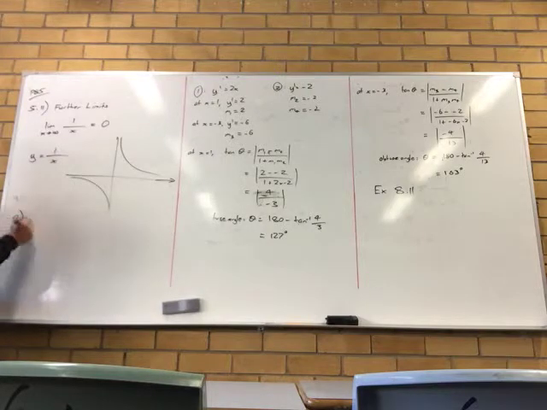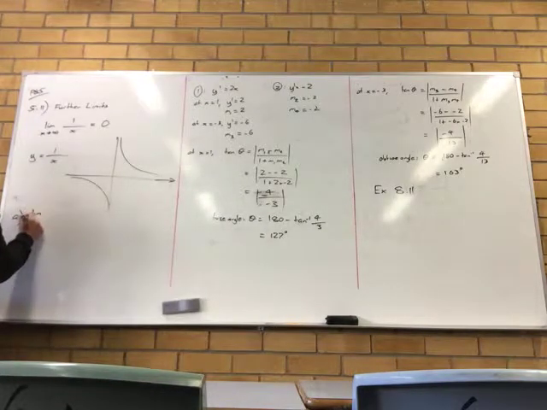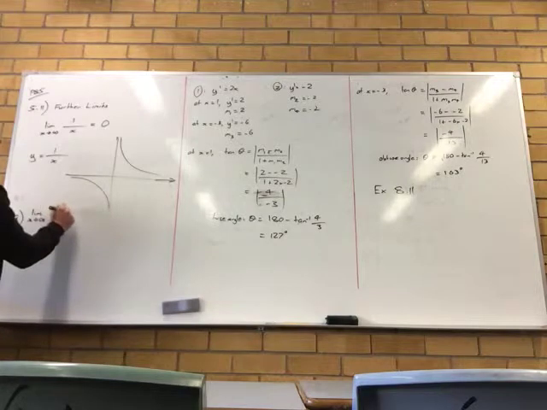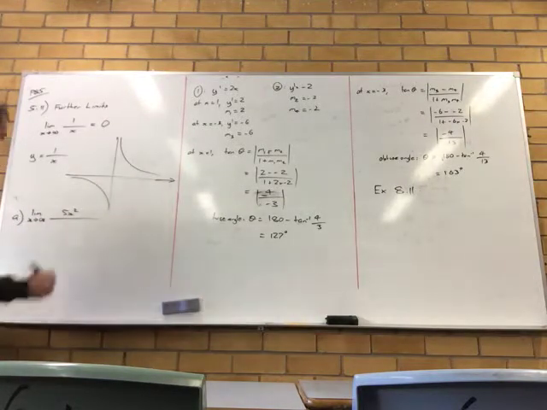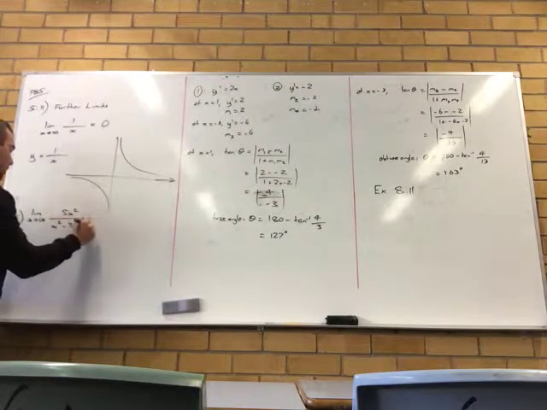So, for example, the limit as x approaches infinity of 5x squared all over x squared take away 3x plus 2.